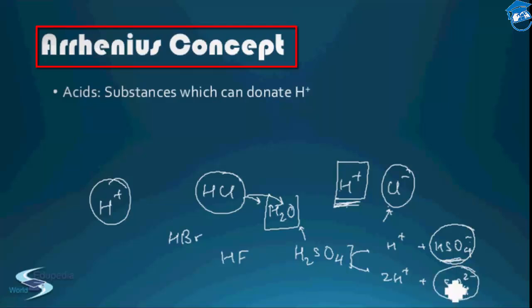So this is the difference between what an acid is and what is not. Anything that can donate H positive ion, irrespective of how many H positive ions there are, in an aqueous medium, is called an acid.